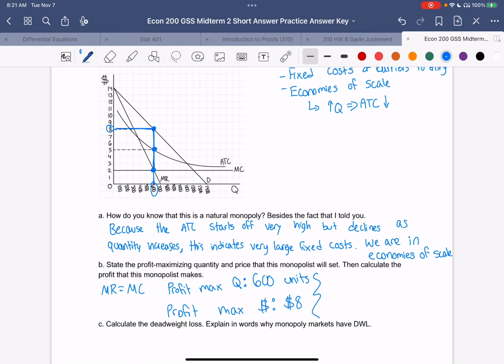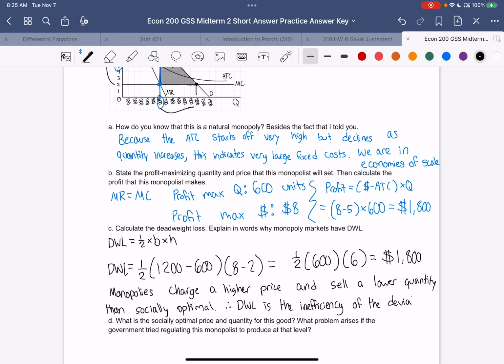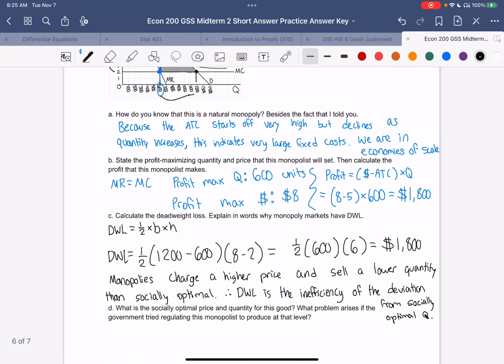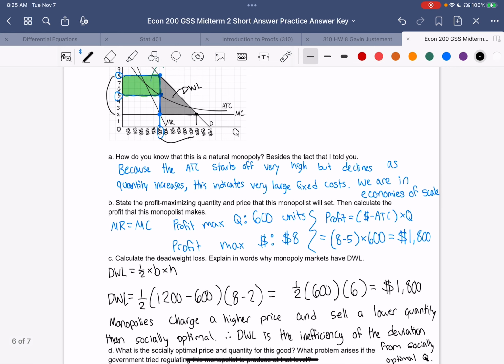So therefore, these three dots say therefore, deadweight loss is the inefficiency of the deviation from socially optimal Q. So really the deadweight loss is just there because we'll get into this in a second with part D, but the social optimal is going to be, I'll do it in a new color, I'll do yellow.